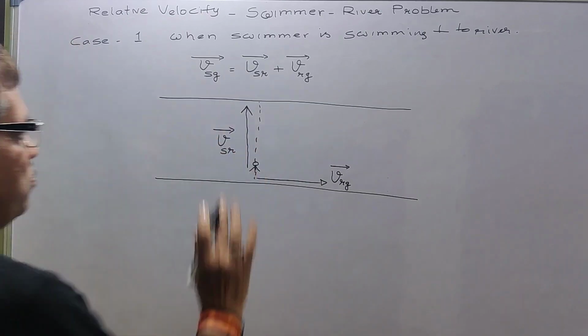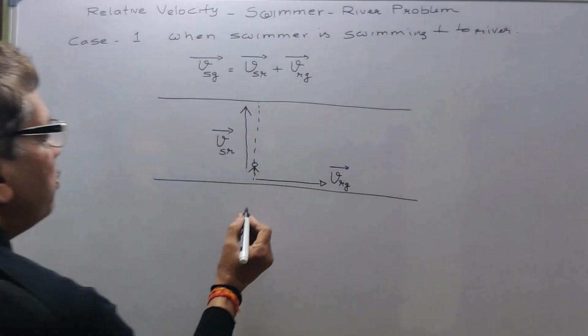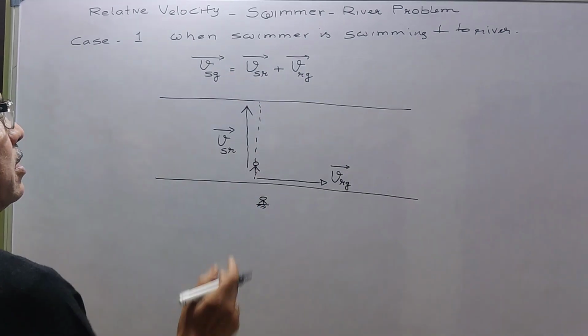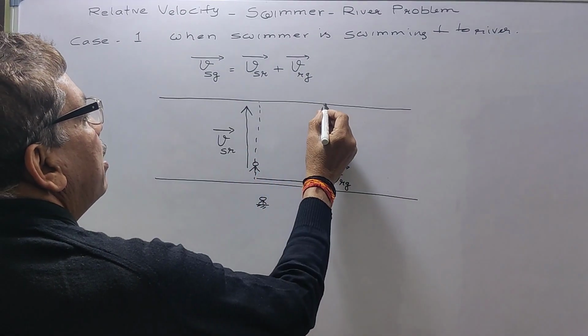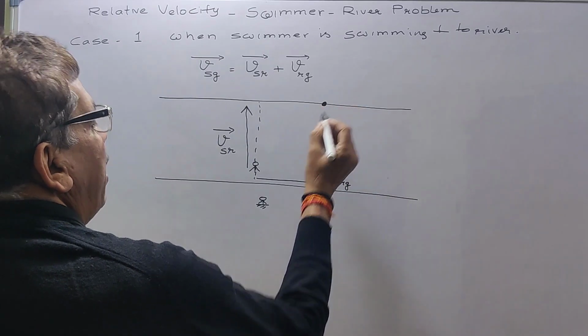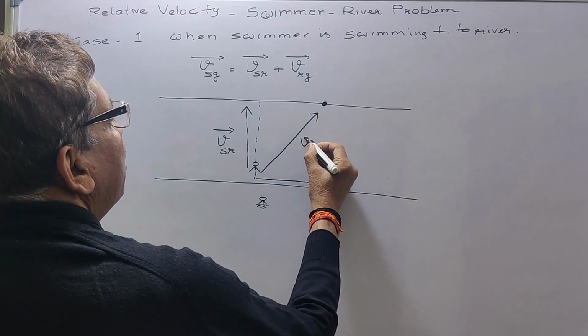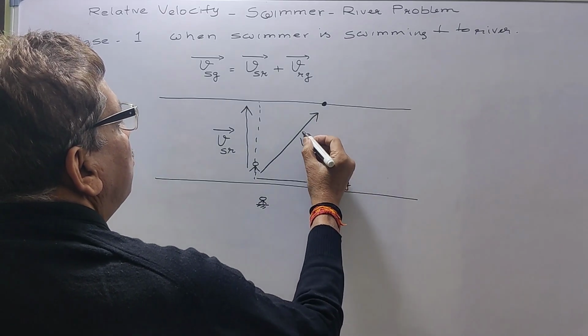Now if this is the situation, you will observe if somebody is on the ground, he will observe the swimmer is not going in this direction, but swimmer will reach somewhere at this place on the opposite bank. Now this will be the direction of V swimmer with respect to ground, right?